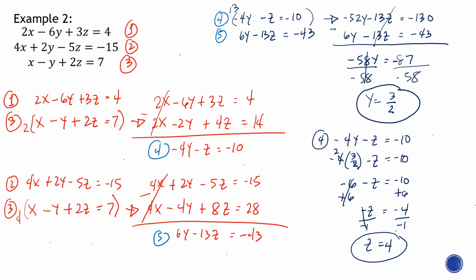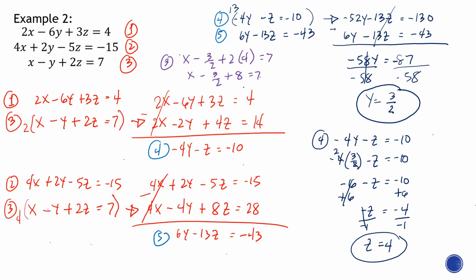What about the x? What are we going to do? To solve for x, we can choose the third equation. I think that's the easiest. I will replace y by 3 over 2, and z by 4. So x minus 3 over 2 plus 2 times 4, which is 8, equals 7.